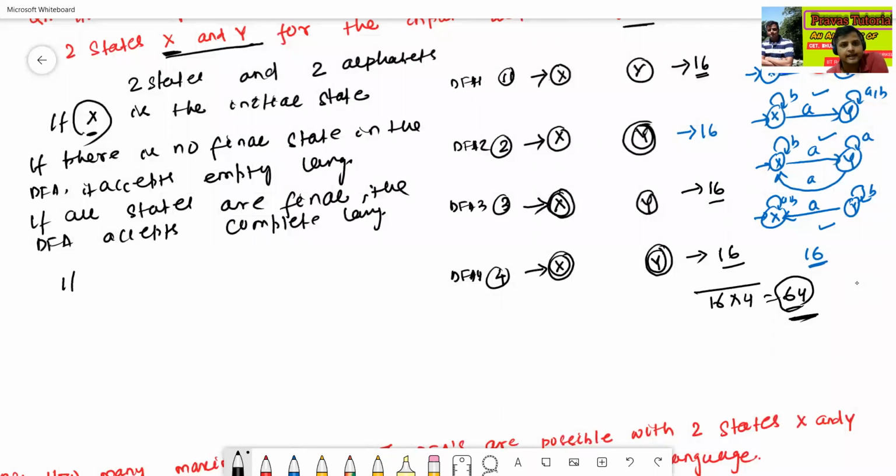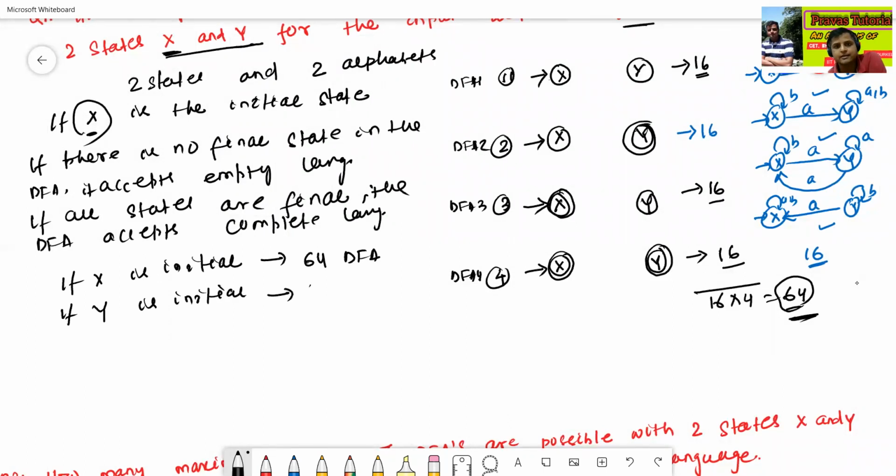If X is initial, 64 DFAs are possible. Similarly, if Y is initial, 64 DFAs are possible. So a total of 128 DFAs are possible.